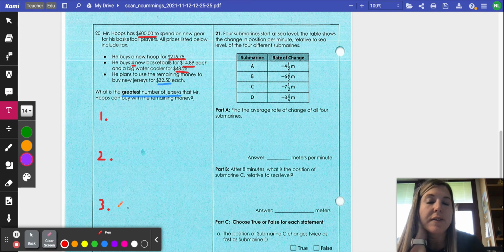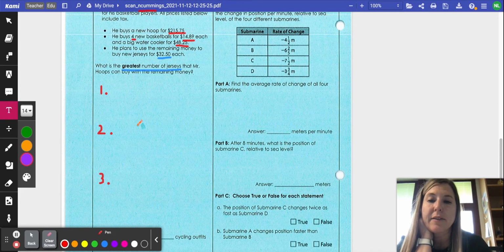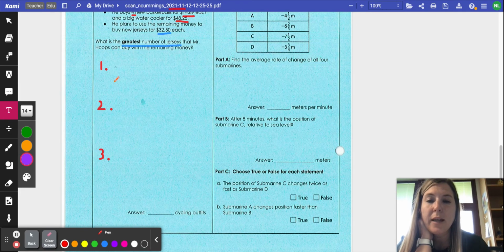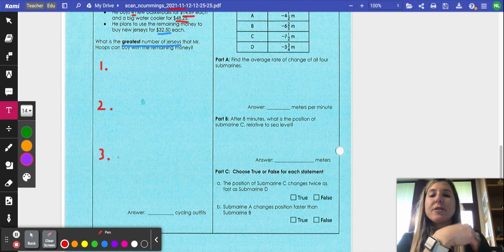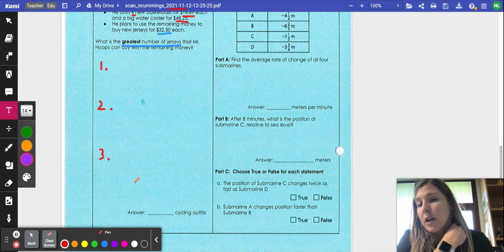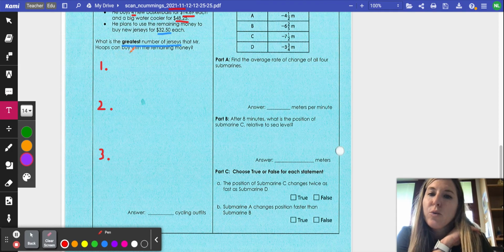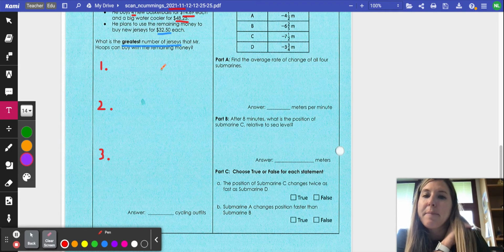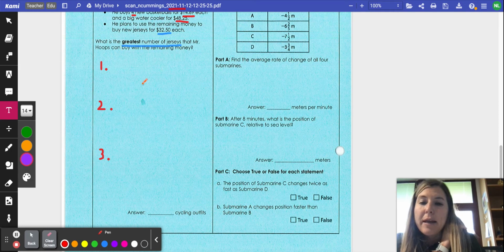And then you're going to figure out with his remaining money the greatest amount of jerseys he can buy for $32.50 each. So on my paper, I kind of broke it up into 3 parts, because you are going to have to do a few different steps, and then you can write your answer below. If you get a decimal, just remember the question is asking what is the greatest number of jerseys that Mr. Hoops can buy with the remaining money.